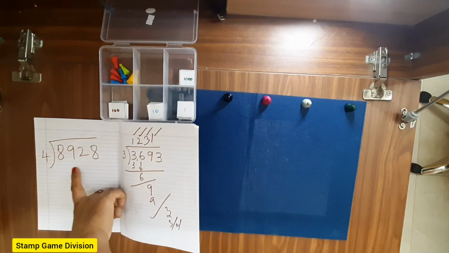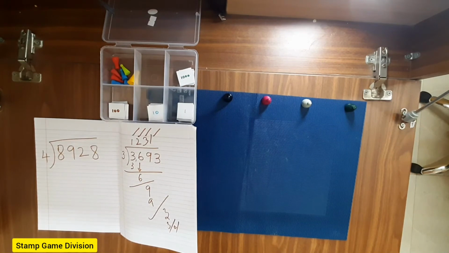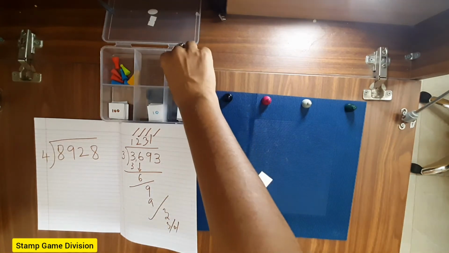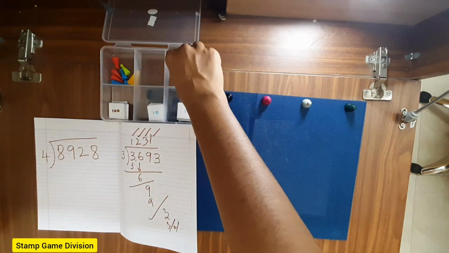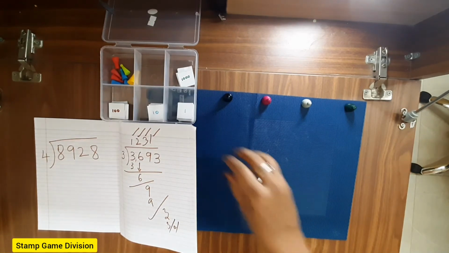So ask the child to take 8,000. So I have taken 8,000. 900s.